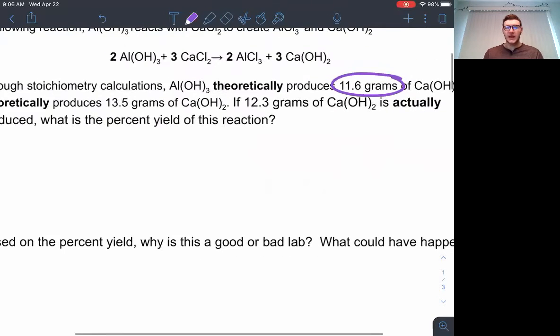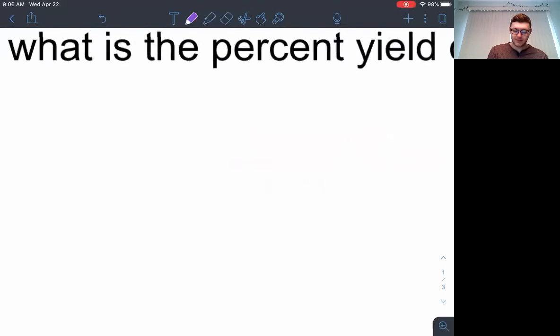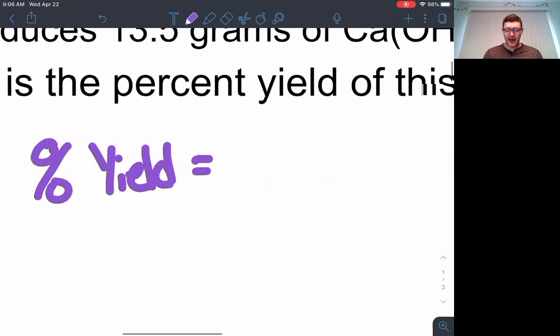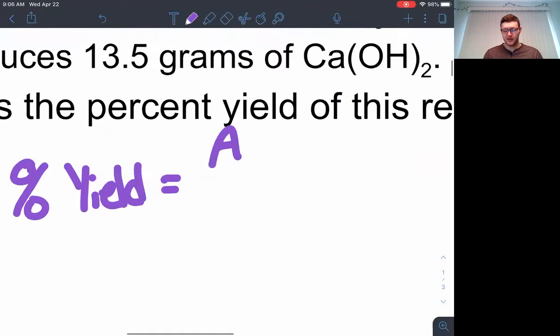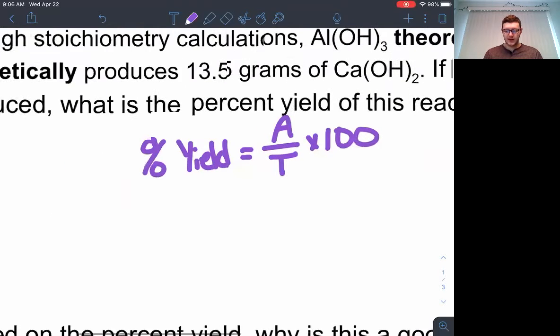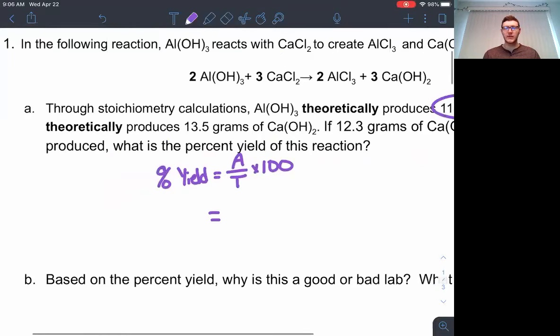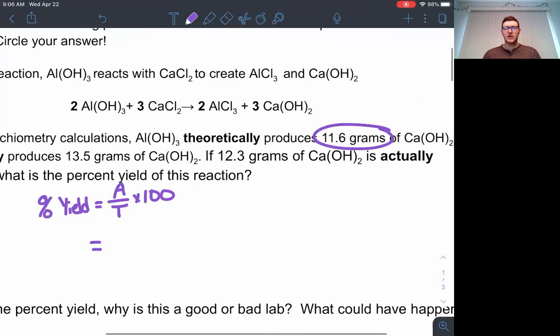So now we're going to calculate our percent yield. I'm going to use the letters A for actual and T for theoretical, times 100. Now if we plug in our values, what did we actually produce? It says 12.3 grams of calcium hydroxide is actually produced, so that's our actual yield.